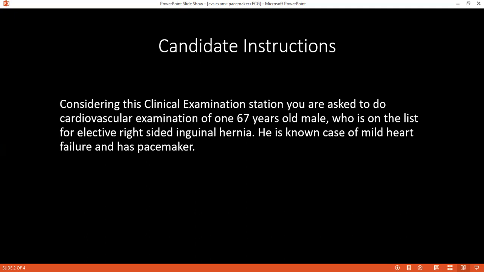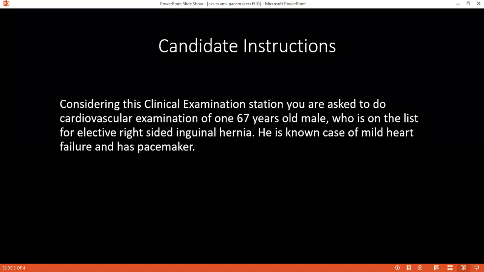Then I will start a general look at the patient.